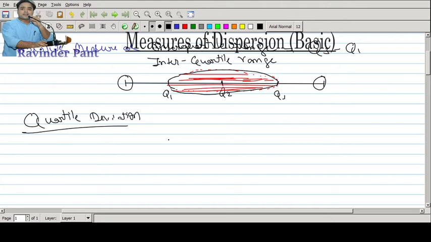Now it is the interquartile range, which means the range between the quartiles. The two quartiles are Q3 and Q1, so you calculate the difference between Q3 and Q1 and call it the interquartile range. That's the same range concept, but removing the demerits of the range as a measure of dispersion.